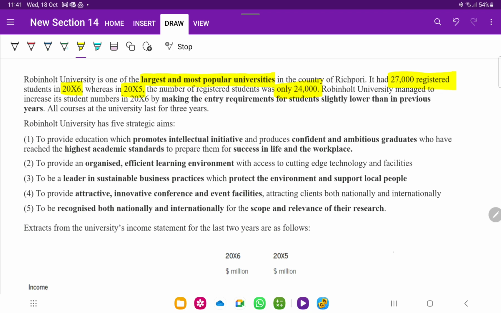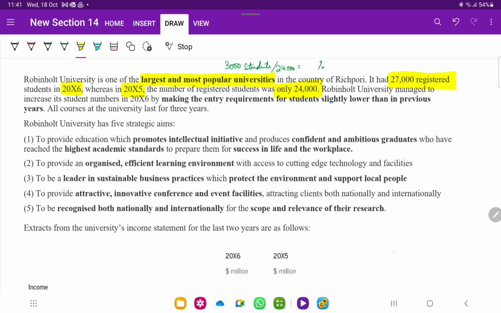So here we can see that during the last year there was an increase of 3,000 students, right? If you want to calculate the percentage, you can divide 3,000 by 24,000 and then you will get the percentage change, right? So if that is required, we can do it like this. All right. One more thing is that the university is the largest and most populous university, so it shows that the university does have a brand name.